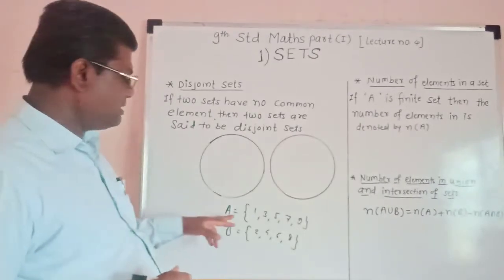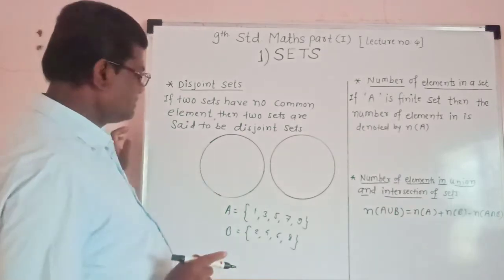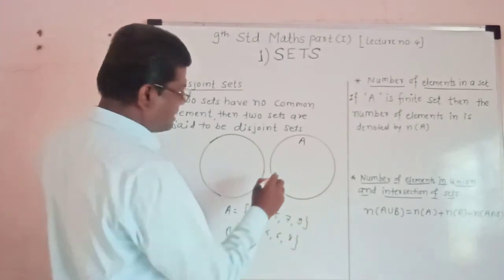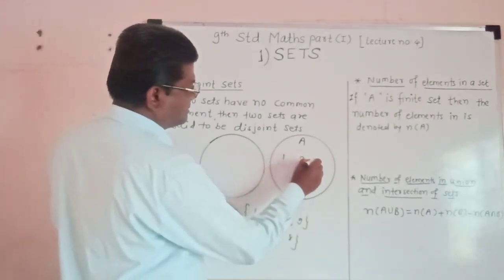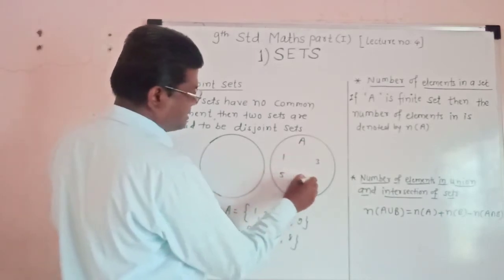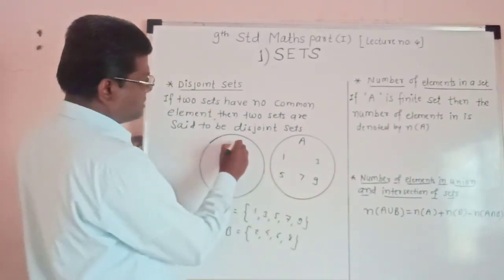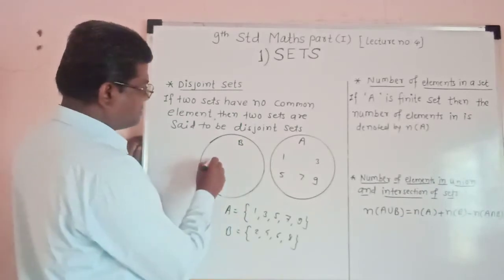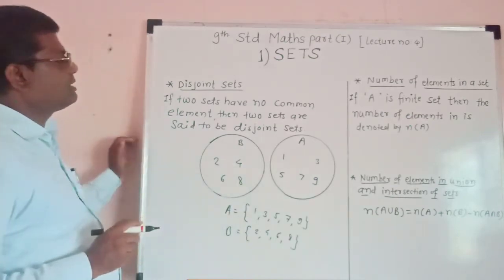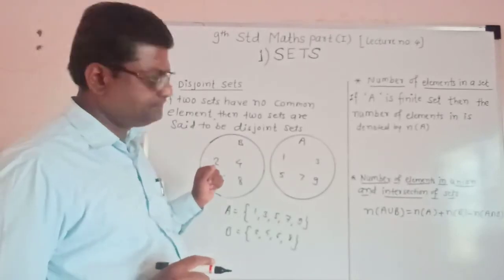Then we see in these two sets there is no common element. These two sets are called disjoint sets, and in a Venn diagram set A is written as 1, 3, 5, 7, 9 in a circle, and set B in another circle as 2, 4, 6 and 8. In this way we can show disjoint sets in a Venn diagram.